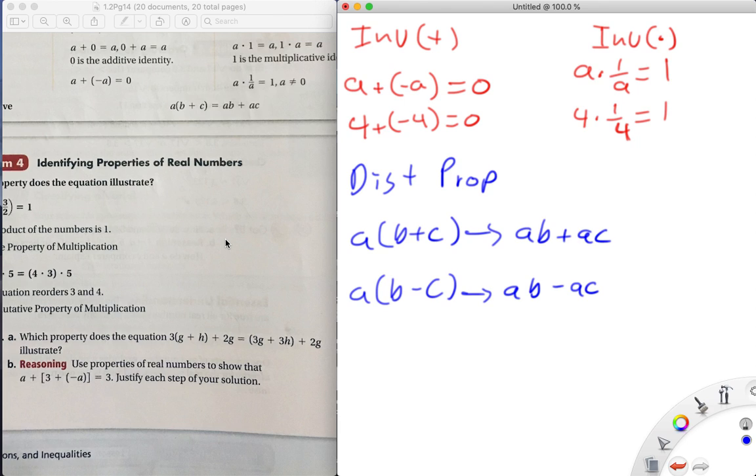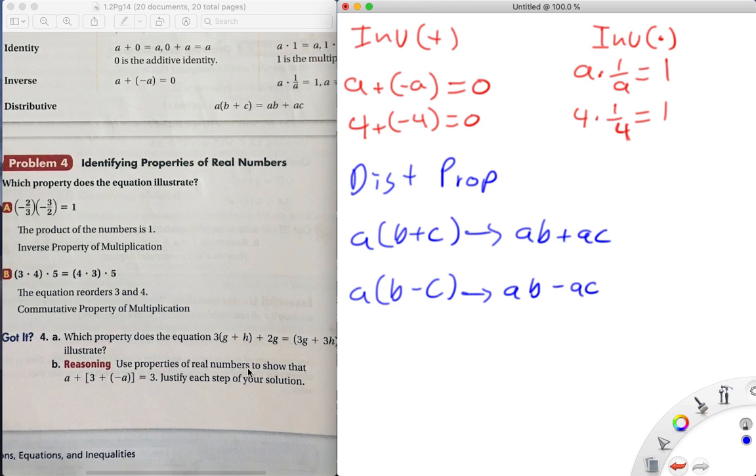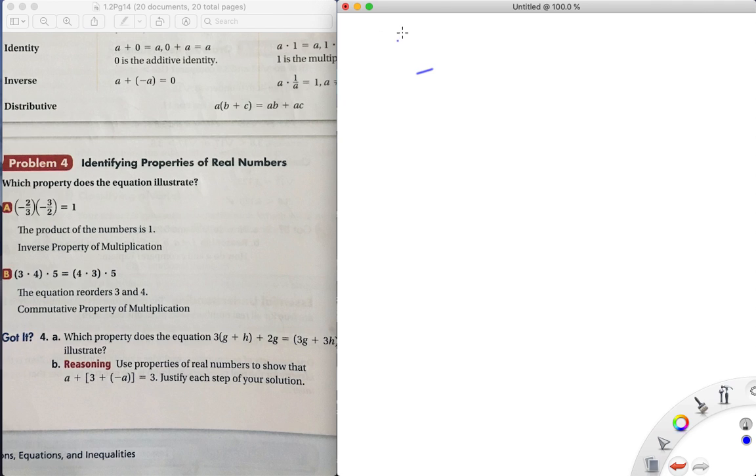So if you look at this for A, we have 3 times the sum of G and H plus 2G is equal to 3G plus 3H plus 2G.